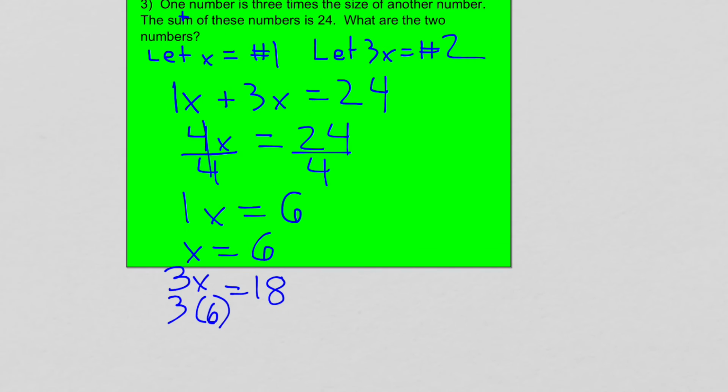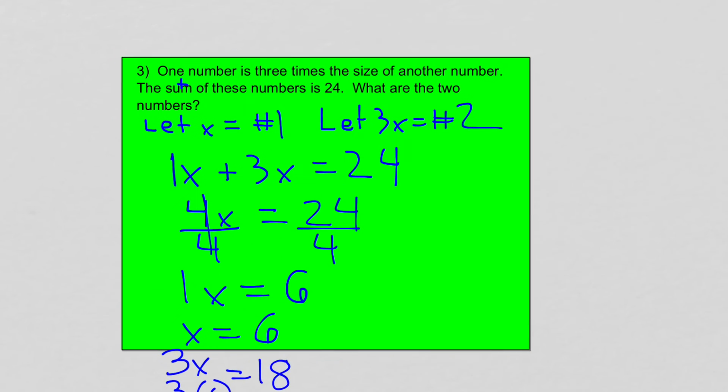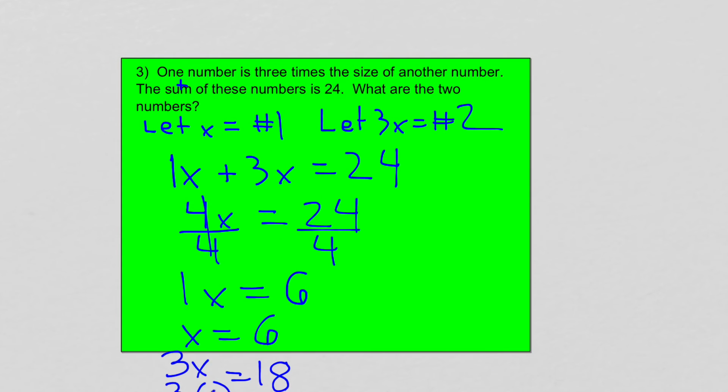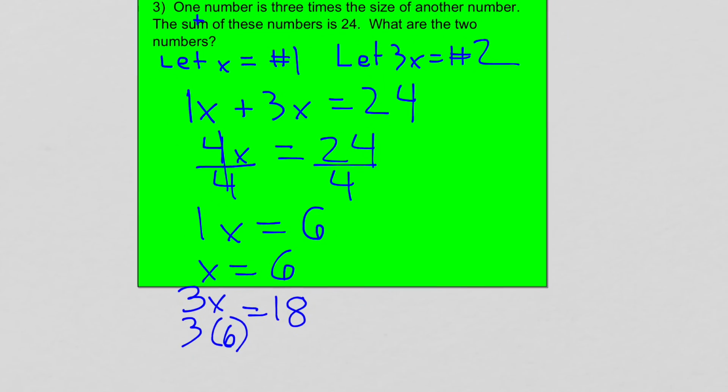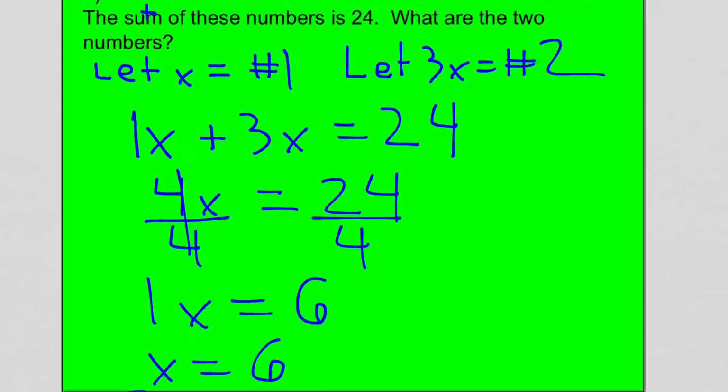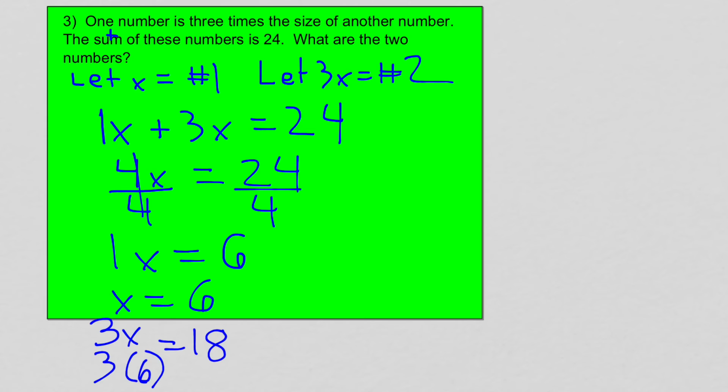Now the two numbers we get are supposed to add to 24. 6 plus 18 is 24, and 18 is 3 times the size of 6. There's our two numbers. We could have gotten this by guessing and checking, but this time we got it by some algebra. The numbers are 6 and 18.